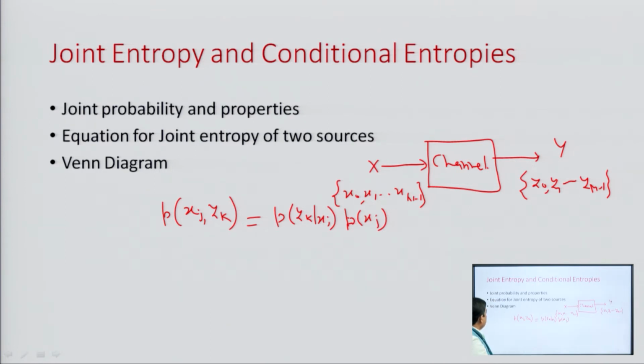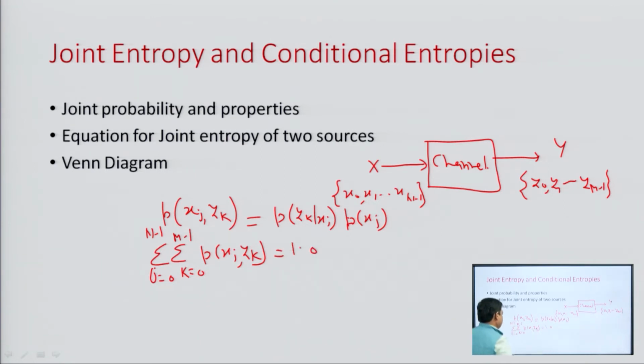Now, their properties. We know that the summation of p xj yk over j equals 0 to n minus 1, and k equals 0 to m minus 1, is always equal to 1.